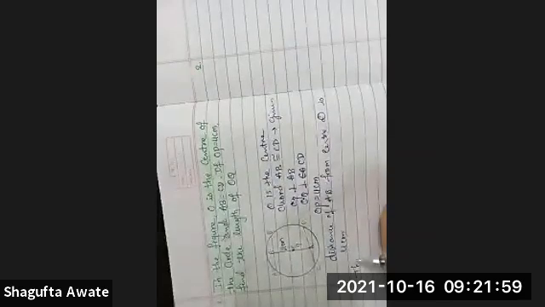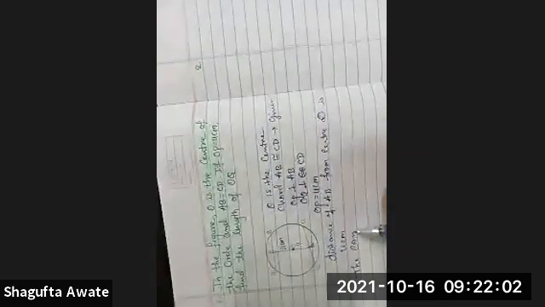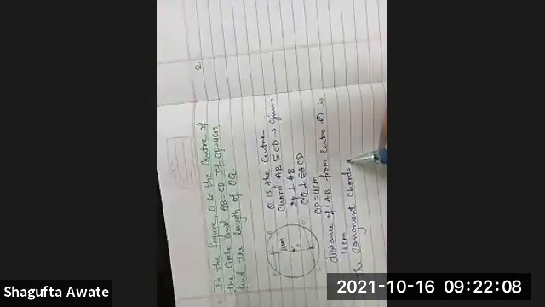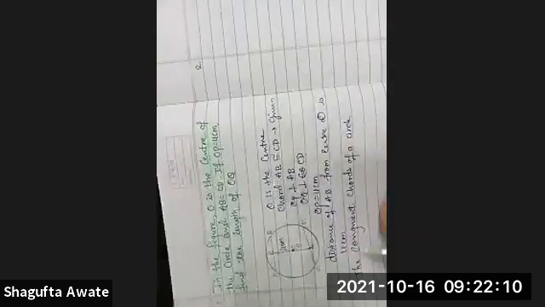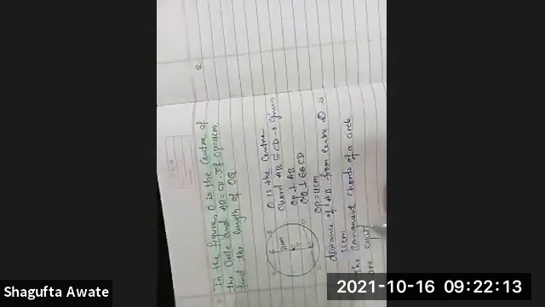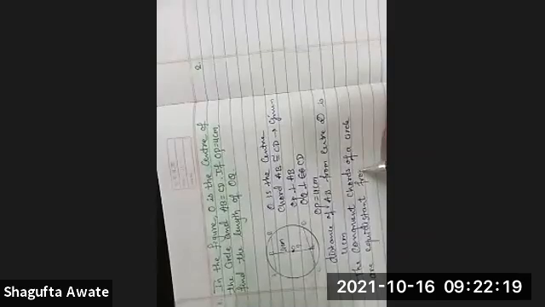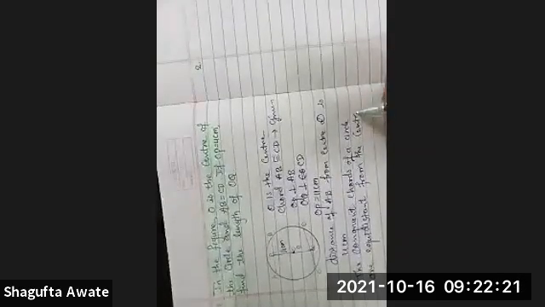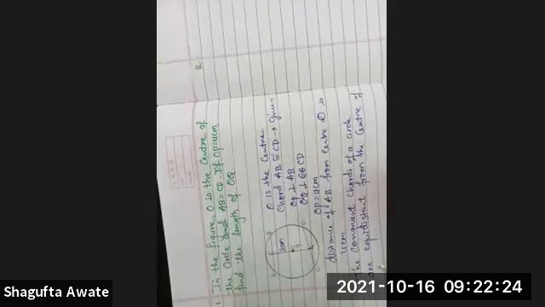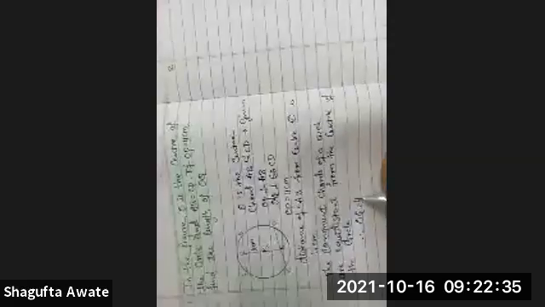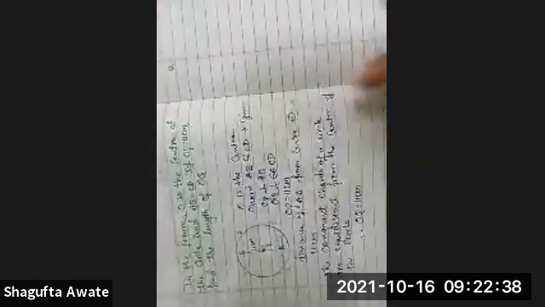The reason we write is the theorem: congruent chords of a circle are equidistant from the center of the circle. If OP is 4 centimeter, then OQ is also 4 centimeter.